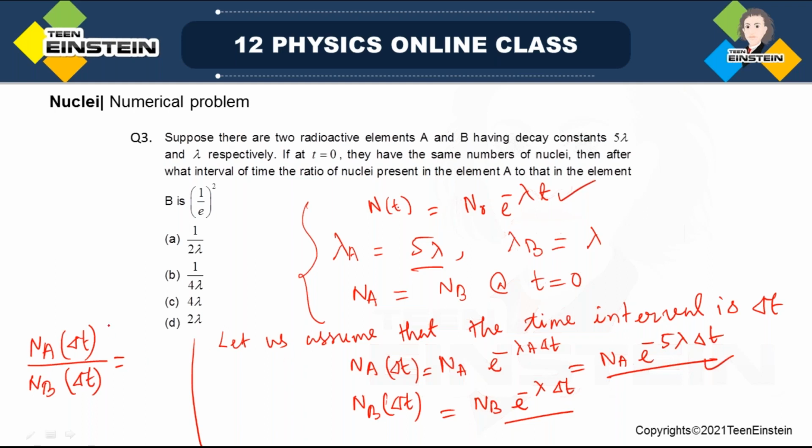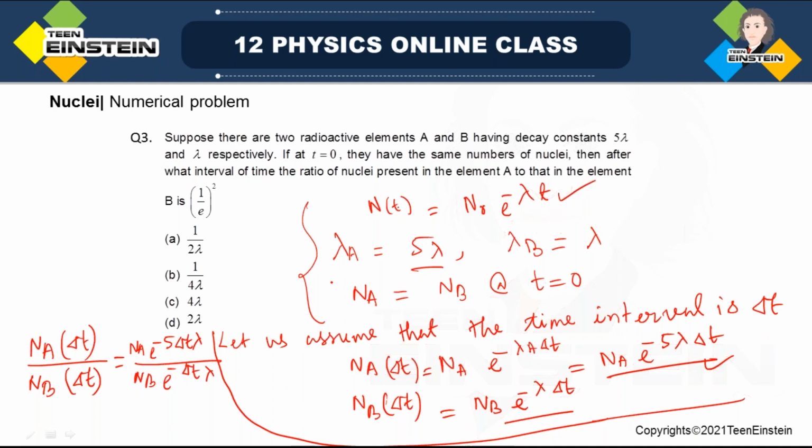This is for A, so Na into e to the power minus 5 delta t into lambda. This is nothing new, whatever I have got I'm writing here, and divided by Nb e to the power minus delta t into lambda.